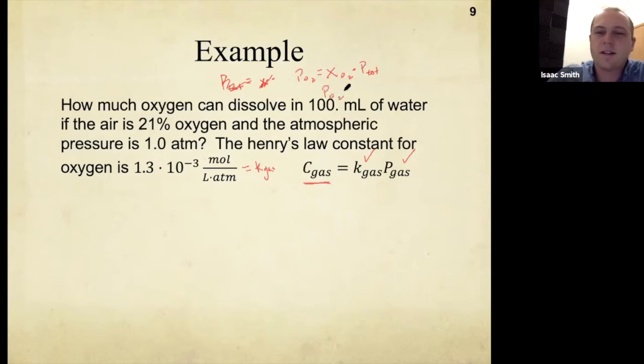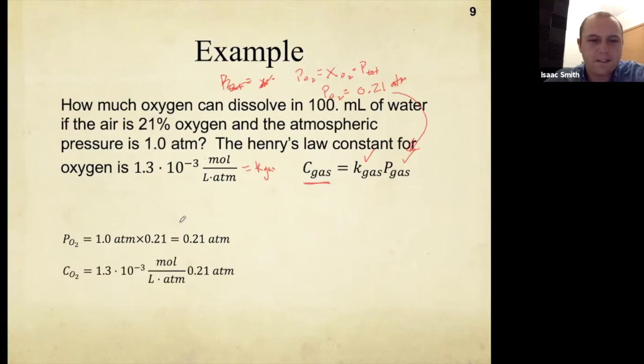If you ran that calculation, you'd find that the pressure of oxygen is 0.21 atmospheres. So we can plug this number in here. We have K, and we can solve for C.